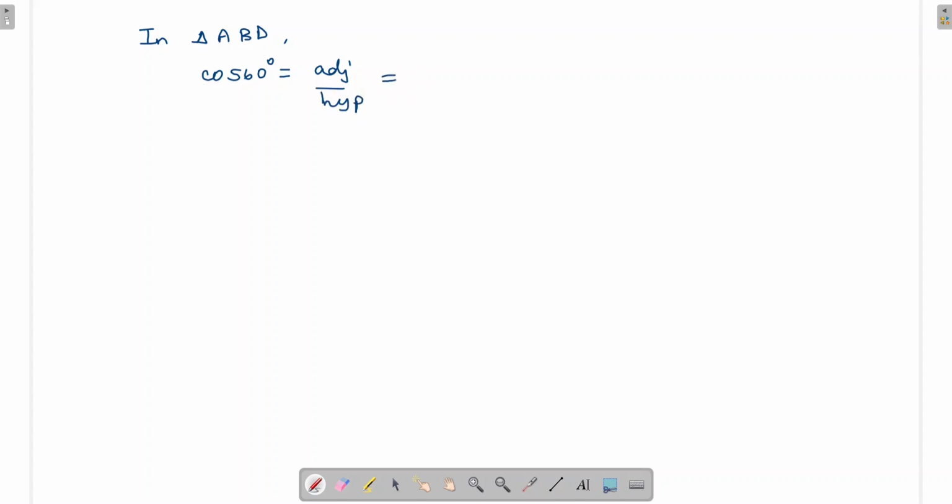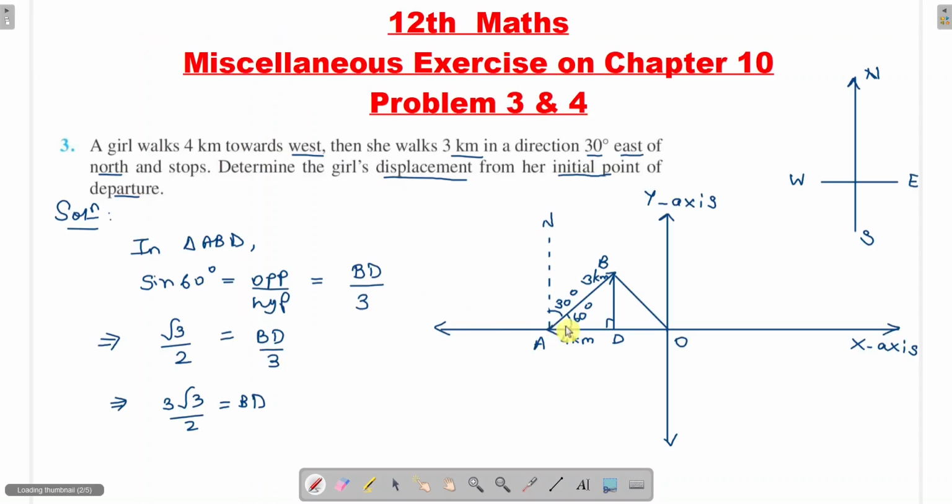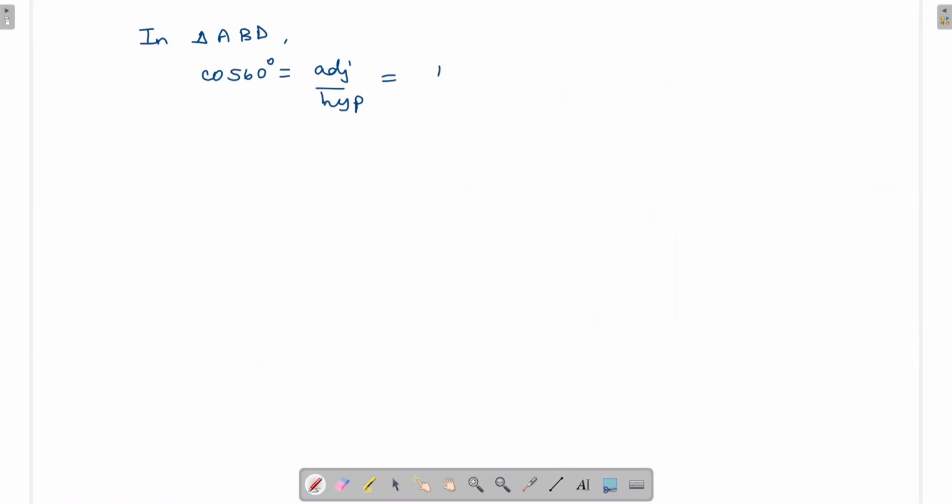Adjacent to the 60 degrees is AD, divided by hypotenuse, which is 3. So cos of 60 degrees is half, equal to AD divided by 3. So that means we get AD equal to 3 by 2.